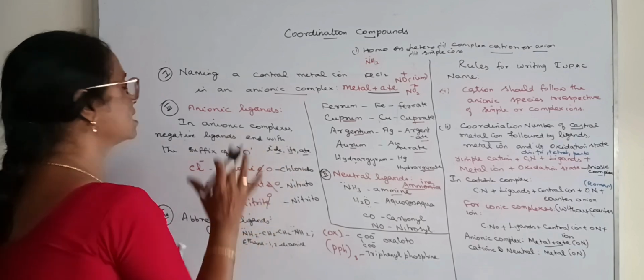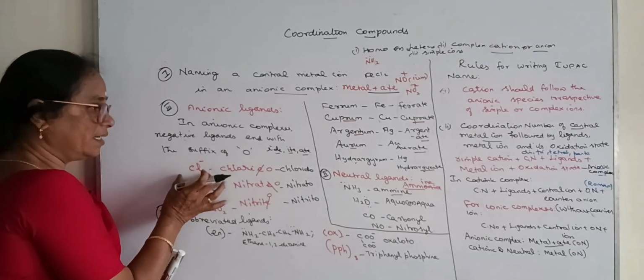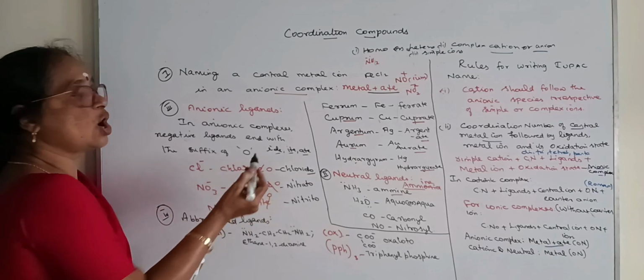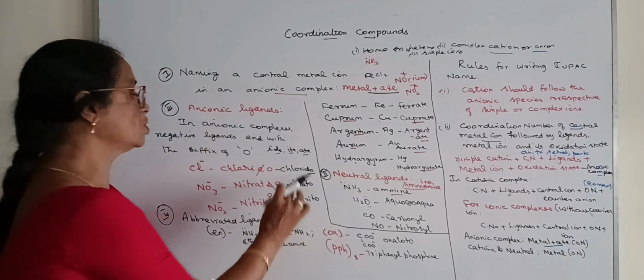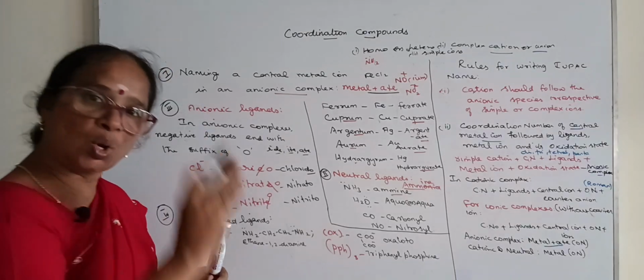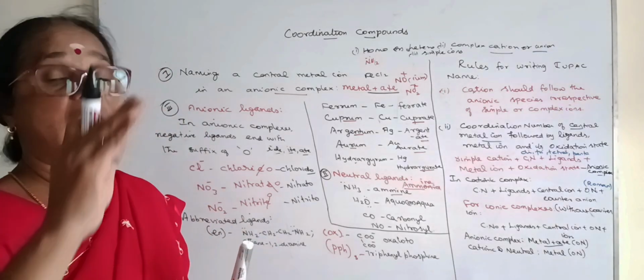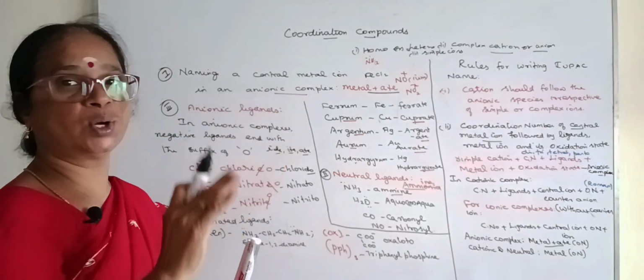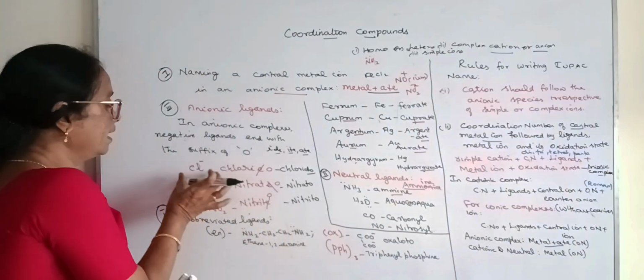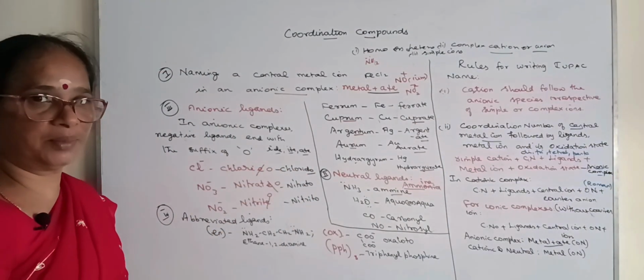Let us come to the point. Chloride is termed chlorido, so the e is dropped and replaced by the o suffix. So cyanido, chlorido, bromido, iodido, hydroxido, oxido, nitrido: in such a way the negative ligands are named.